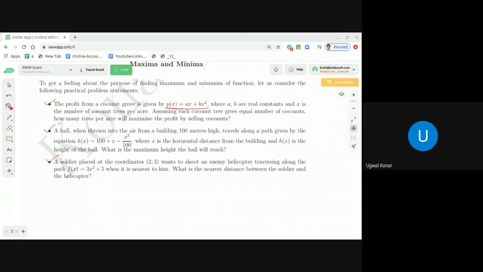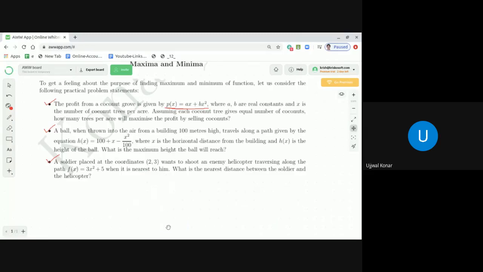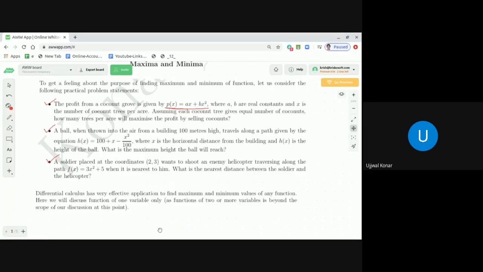That means differential calculus has a very effective application to find maximum and minimum values of any function. Here we will discuss functions of one variable, as functions of 2 or more variables are beyond the scope of our discussion at this moment. I hope by this time you all have a clear idea of the motivation behind learning maxima and minima.